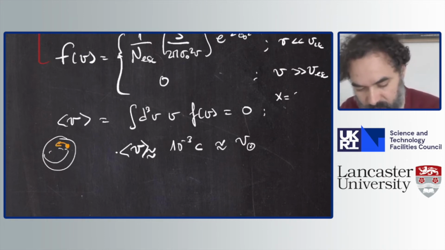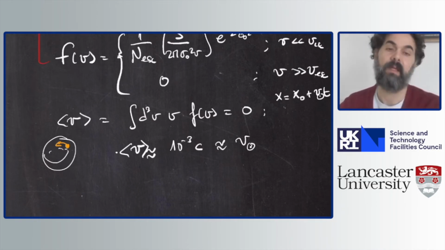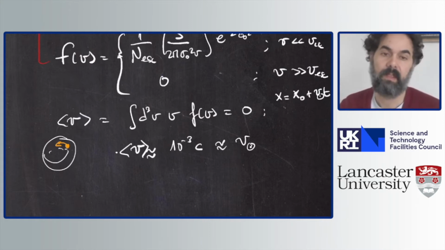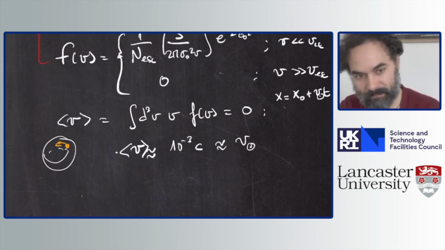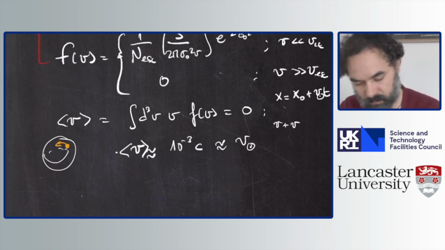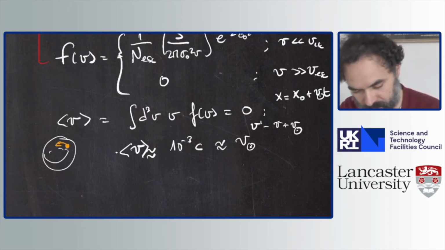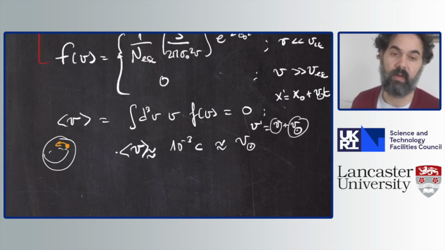It's going to be position of the Sun plus velocity of the Sun times time. So the velocity that you need to compute is simply the velocity at rest plus the velocity with respect to the Sun, which corresponds to what I just wrote here. So the velocity that you want with respect to the Sun is the previous velocity plus the relative velocity of one frame with respect to the other.